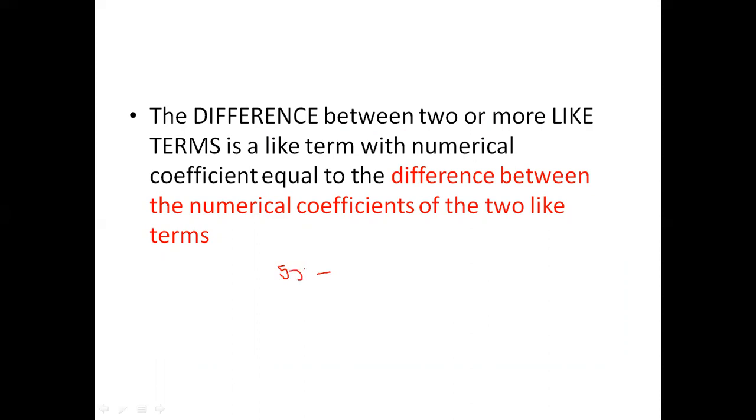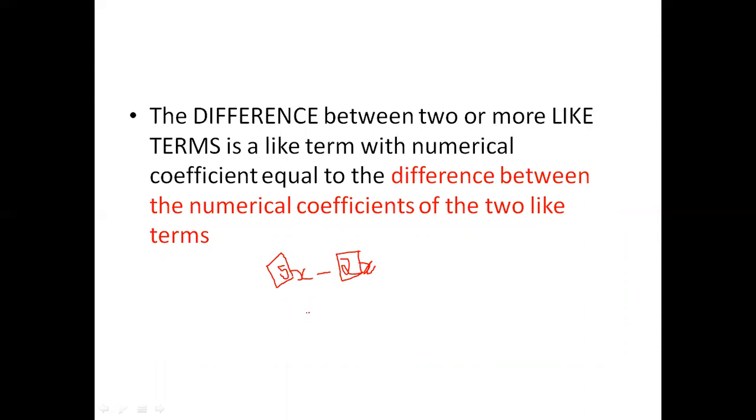So in case I have 5x minus 2x, it is equal to the difference between the numerical coefficients. In this term we have 5 as the numerical coefficient, and here we have 2 as the numerical coefficient.